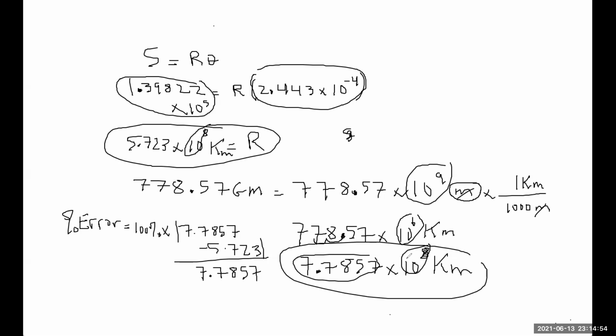And I don't need the power of 10 in the error, because as long as they're the same power of 10, it will cancel when I do the percent error. So it's just subtract, divided by that. So then let's go to the calculator. Oh, let's make sure I get the numbers from here.